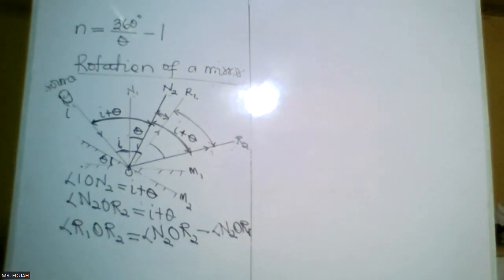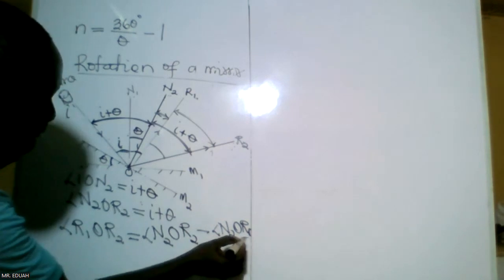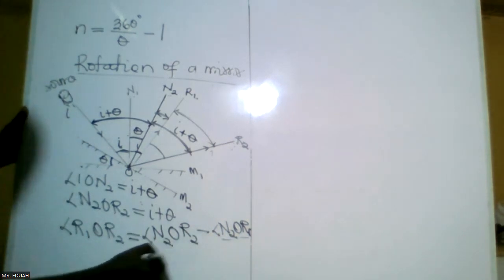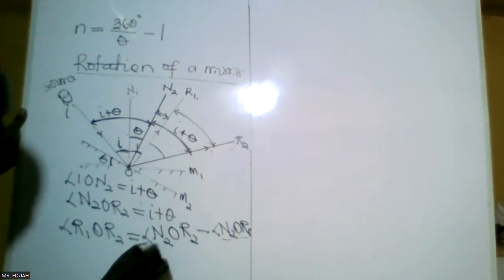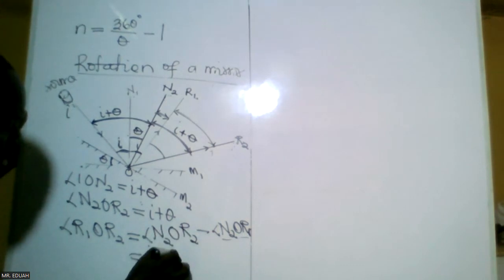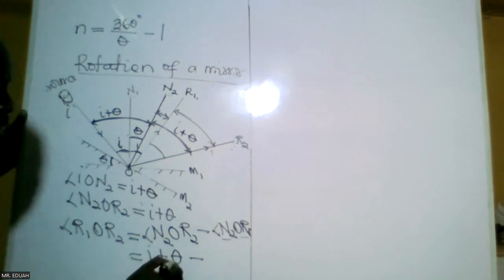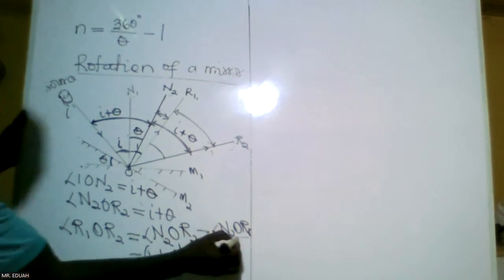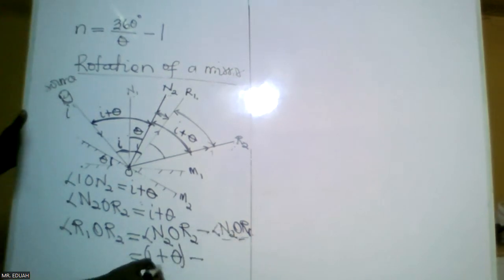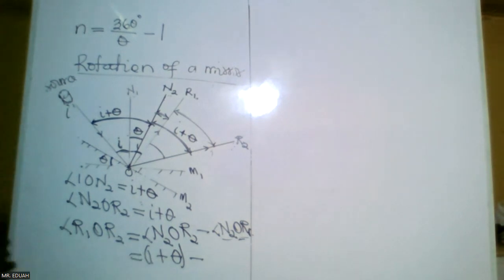So our big question is, how do we determine this to subtract it from the bigger one? Because N2OR2 is I plus theta. How do we determine this in order to subtract it from this one? Any idea?